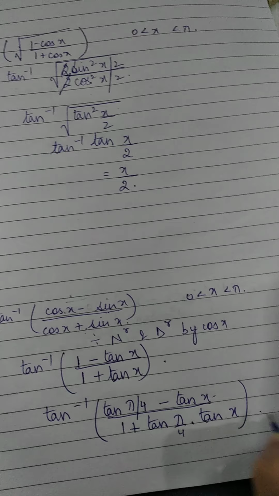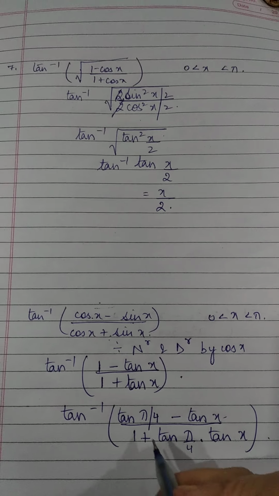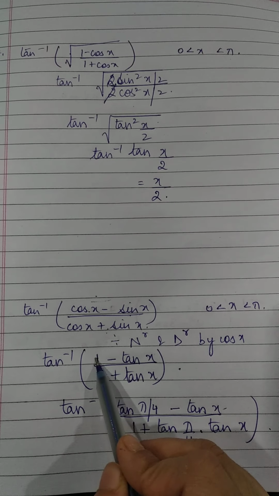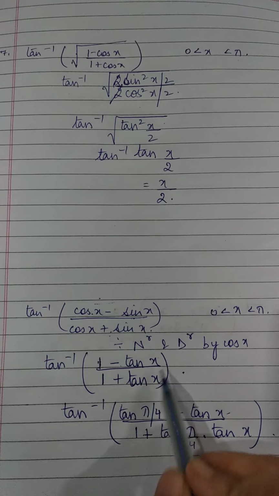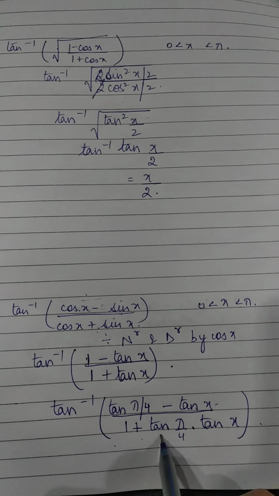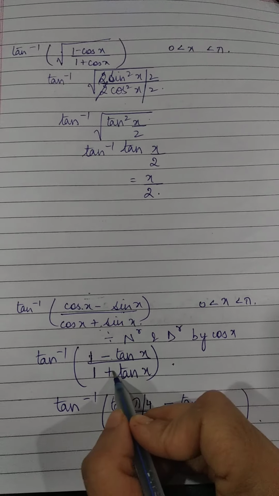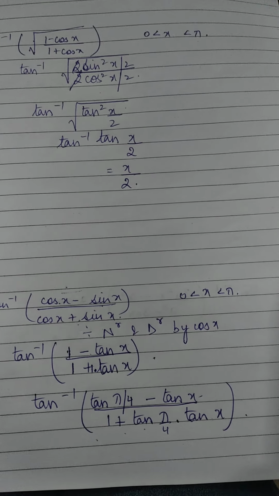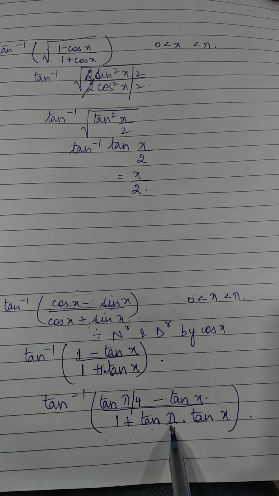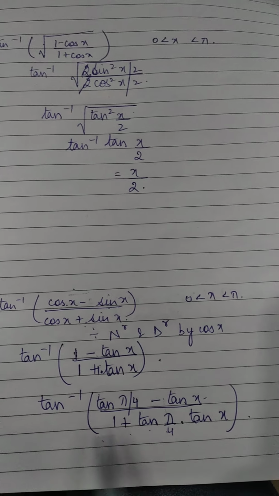I hope there is no problem in representing this. Instead of 1, I have written tan pi by 4. In the denominator we don't have anything, so I can take 1 in multiplication with tan x, and instead of this 1 I can write tan pi by 4.